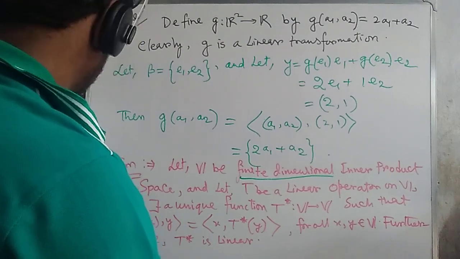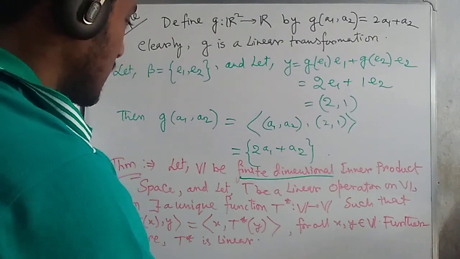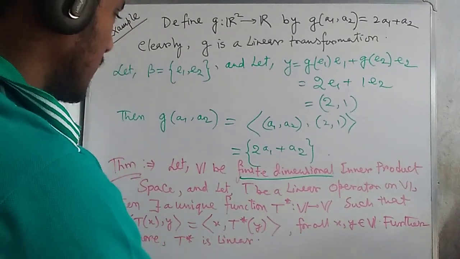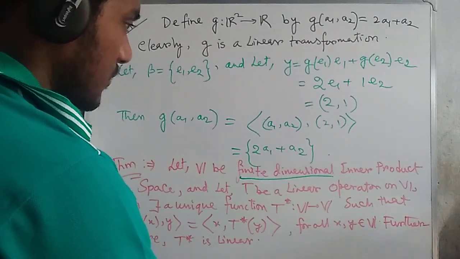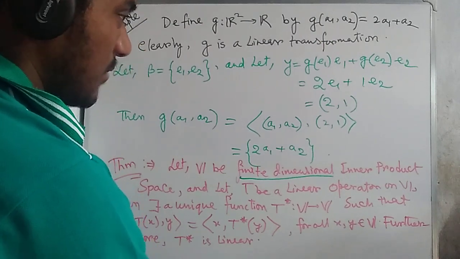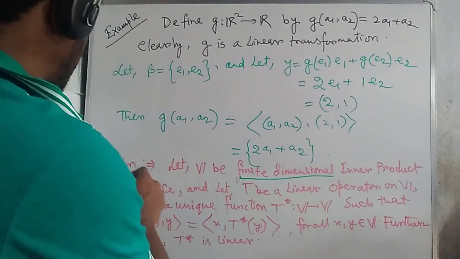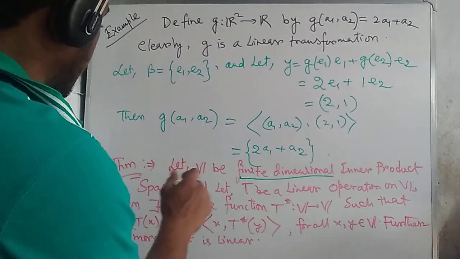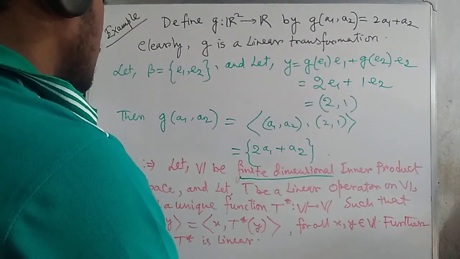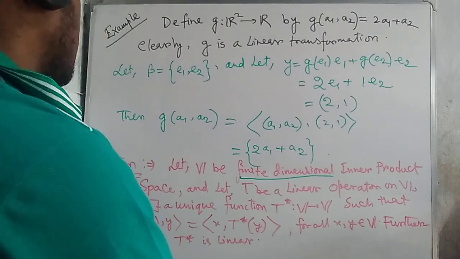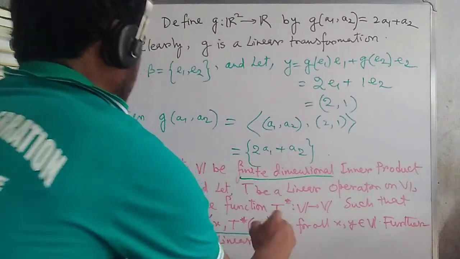Then T is a linear operator, which satisfies additivity and homogeneity, or scalar multiplicativity. Then there exists a unique function T star satisfying <Tx, y> equal to <x, T star y>.